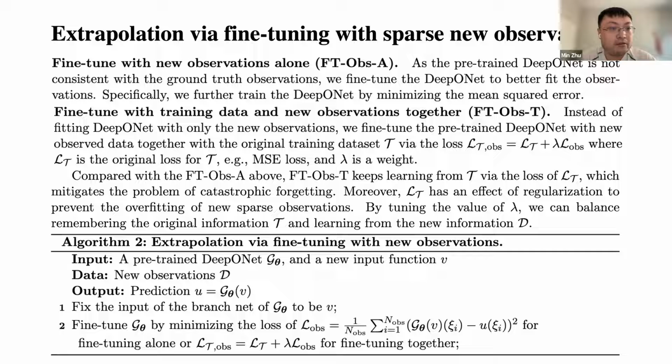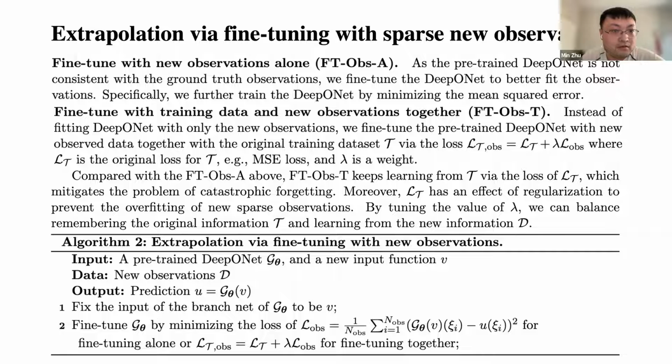Compared with fine-tuning on the observations alone, fine-tuning together keeps learning from the DeepONet training dataset. With the loss L_T, this mitigates the problem of catastrophic forgetting. Moreover, L_T has the effect of regularization to prevent overfitting to the new observations.